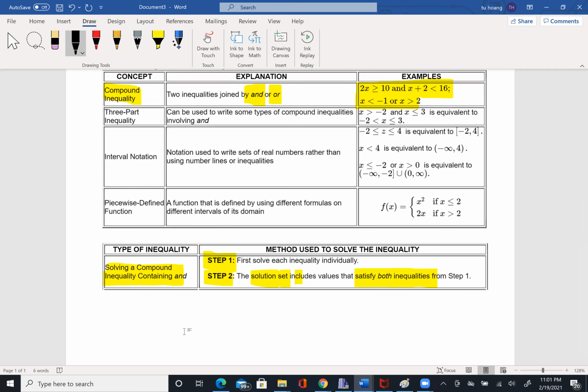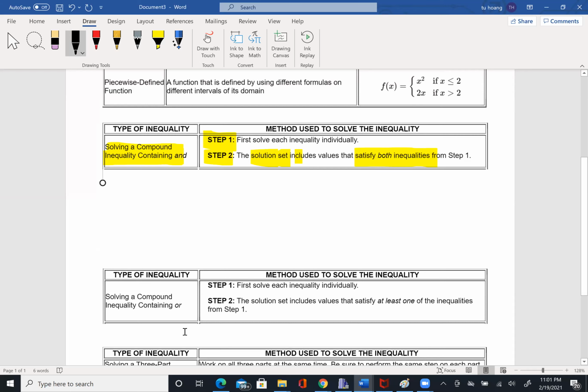Okay, so let's do example number one. Determine whether the given values are solutions to the compound inequality.